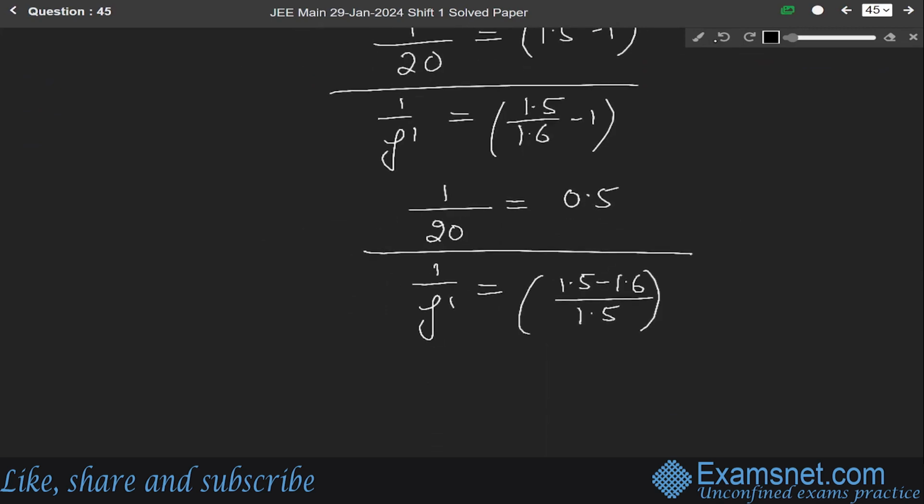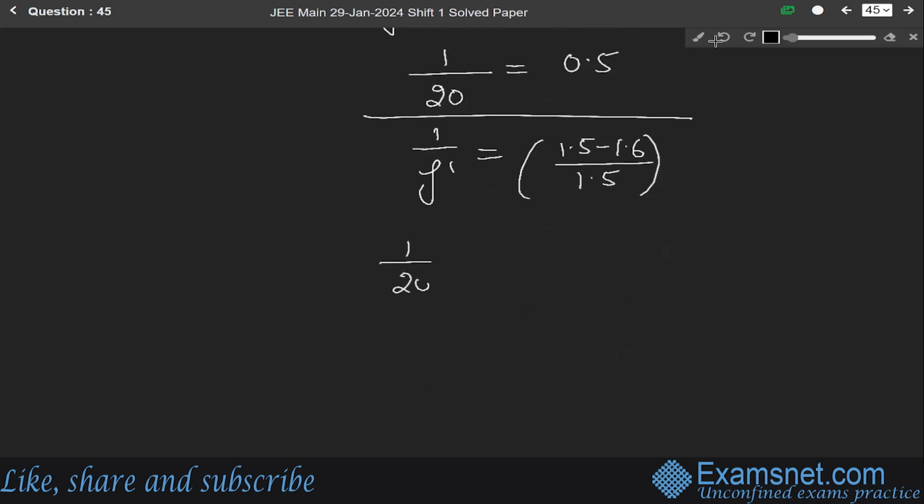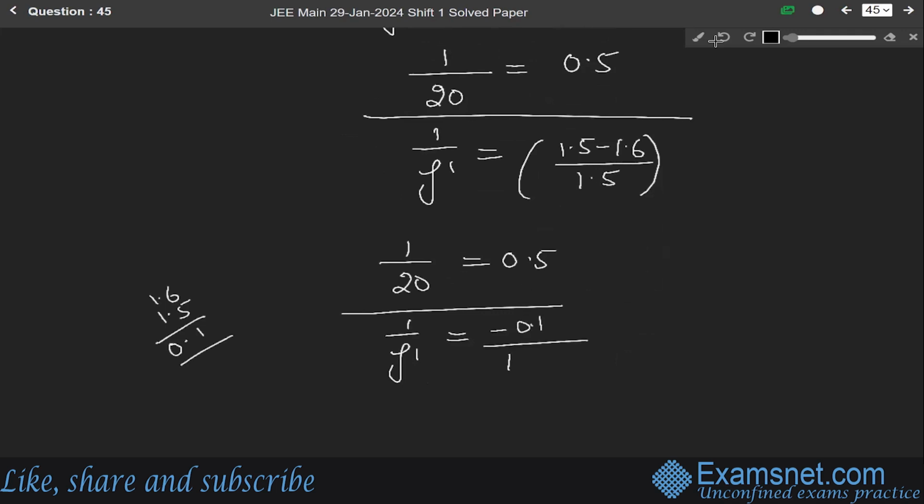So it will become 1 over 20 is equal to 0.5, and 1 over f dash is equal to 1.5 minus 1.6, so minus 0.1 divided by 1.5. So 1 over 20 into f dash is equal to 0.5 into 1.5 and minus of 0.1.